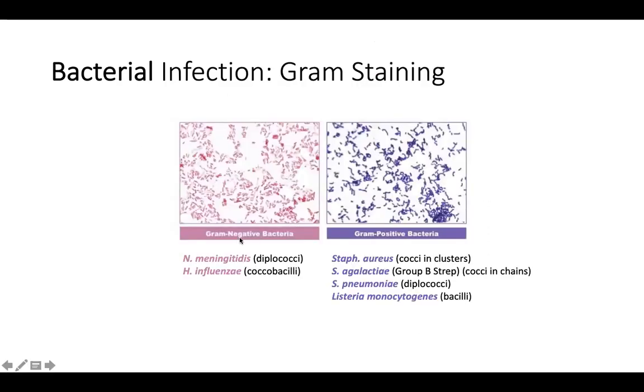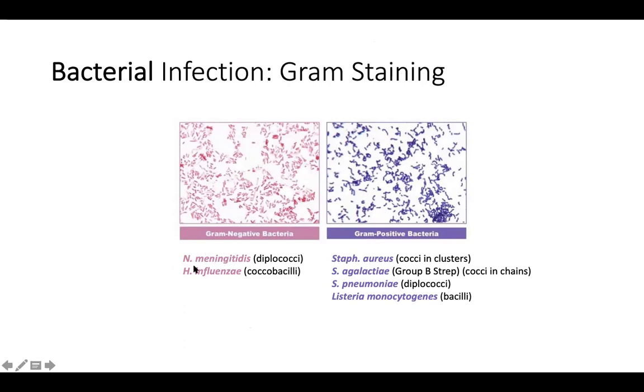Okay, I'll keep moving. So it is important to know your colors for this. So know if it's gram positive or gram negative, know what colors it goes with, and know what these look like. Neisseria meningitidis is going to be gram negative, and H. flu is gram negative, and they're pink.